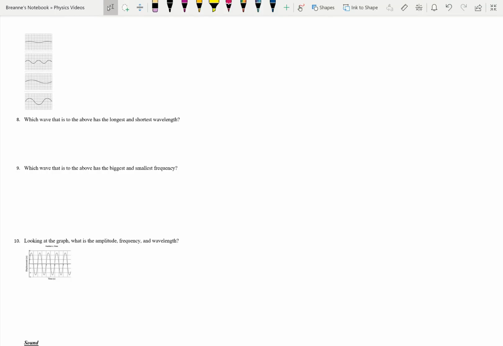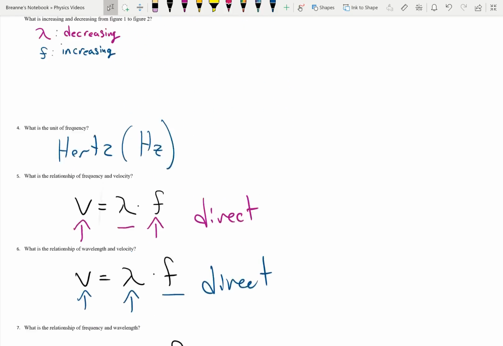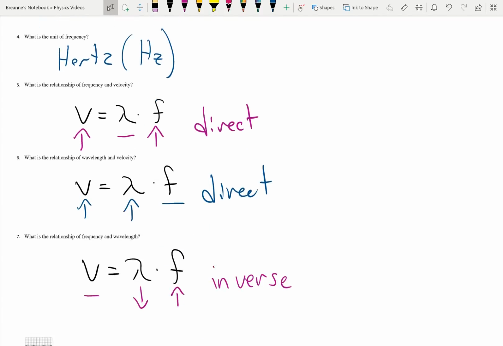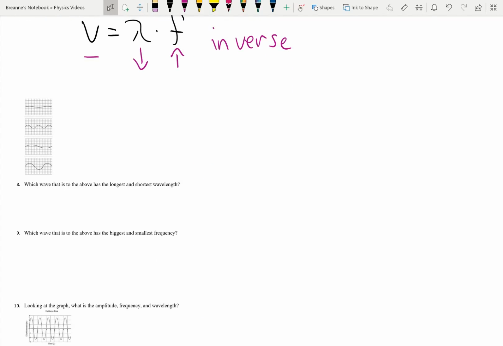Which wave that is above, I think yours says to the left because the picture is to the left, but out of these 4 different waves, which one has the longest and shortest wavelength? Going back to looking at question 3, we need to know which one has the longest wavelength and which one has the shortest.